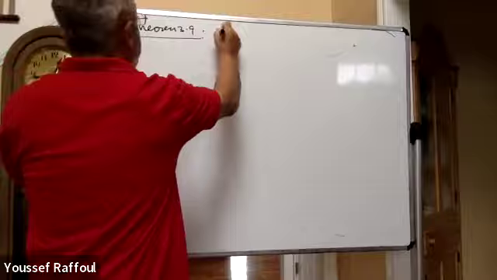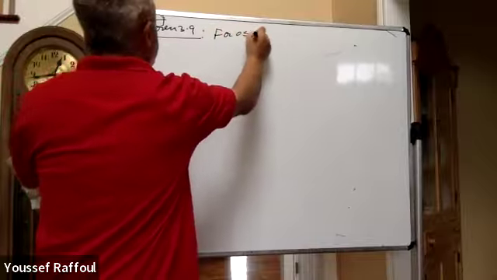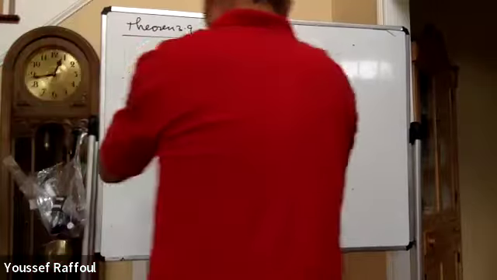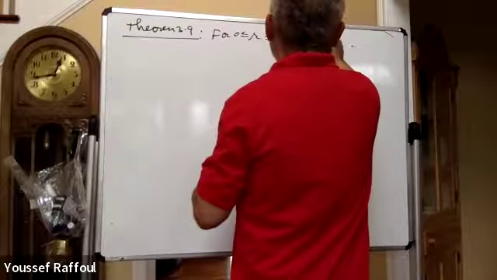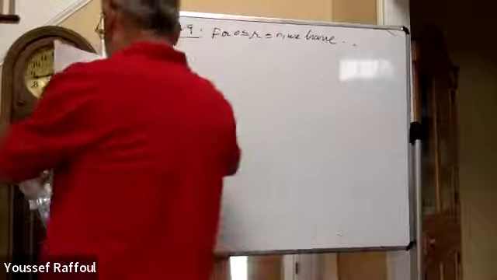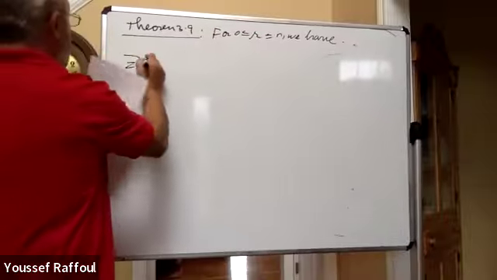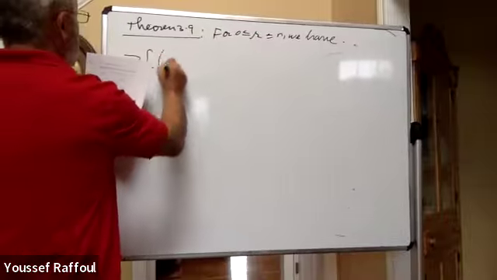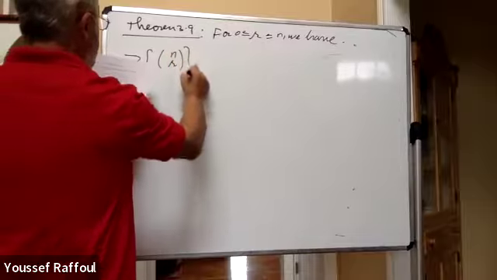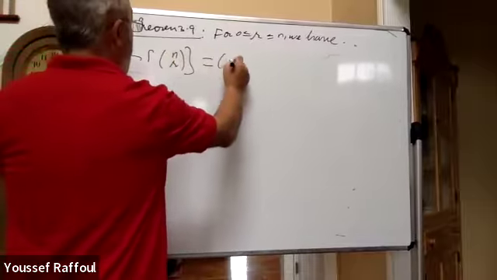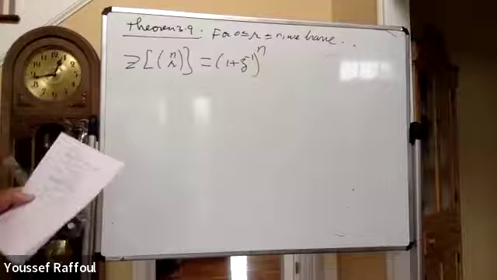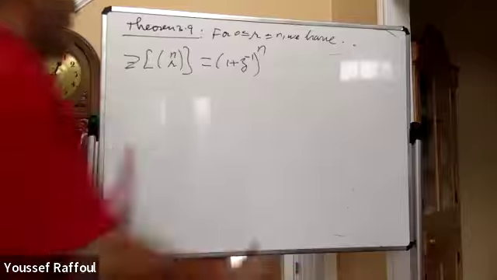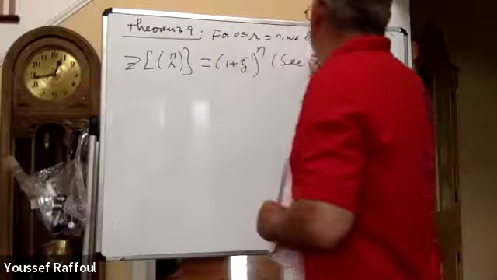So for 0 less or equal to r less or equal to n, we have the Z transform of the factorial function n^(r) is (1 plus z^(-1))^n. Okay, so see the book for the proof.